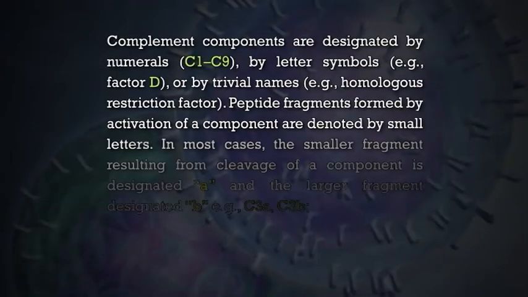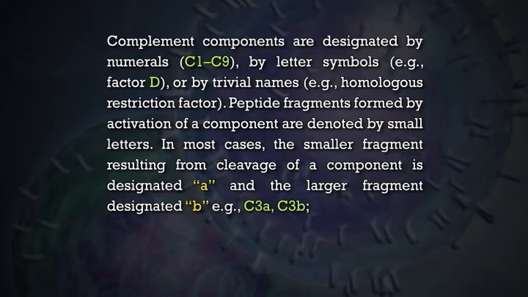Complement components are designated by numerals C1 to C9, by letter symbols, for example factor D, or by trivial names, for example homologous restriction factor. Peptide fragments formed by activation of a component are denoted by small letters. In most cases, the smaller fragment resulting from cleavage of a component is designated a and the larger fragment designated b.